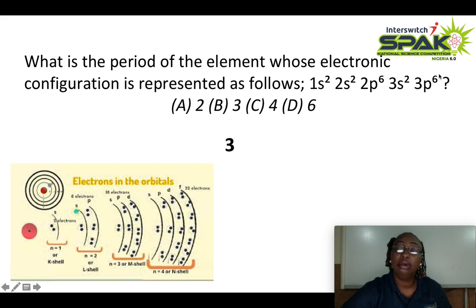Then the third shell can take 18 electrons, but what is given is 3s2 and 3p6. Since it's the third shell, that means it's on period 3, because the number of shells determines the period. The figures in front tell us the shell number, while the superscripts tell us the number of electrons. So the answer is 3.